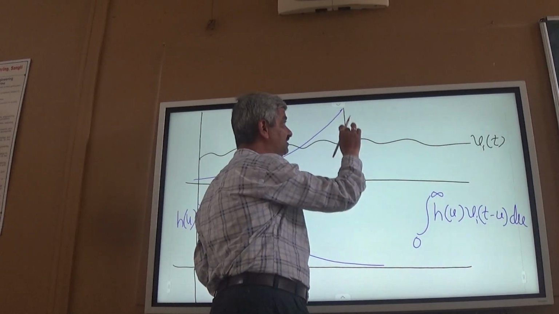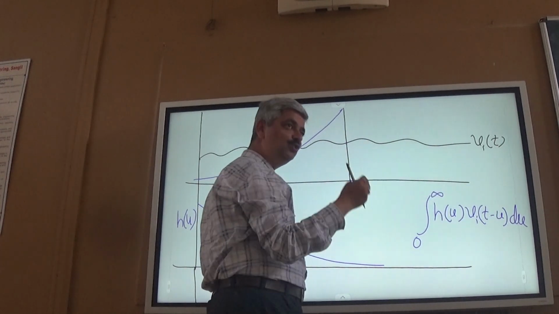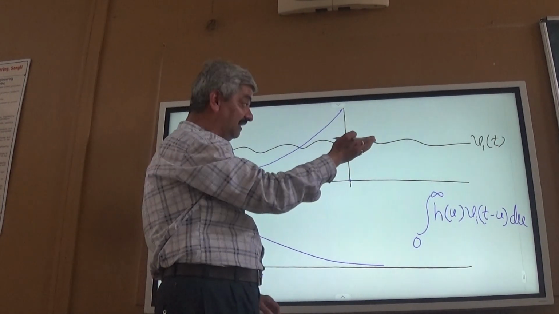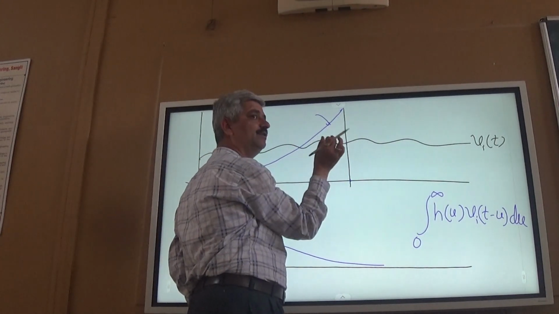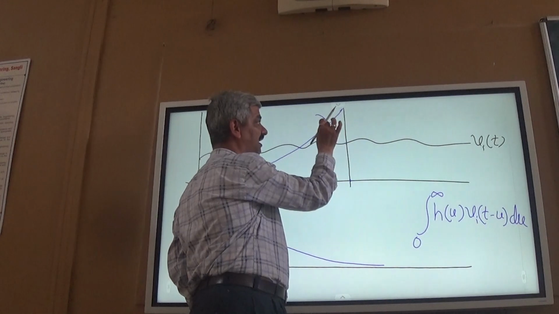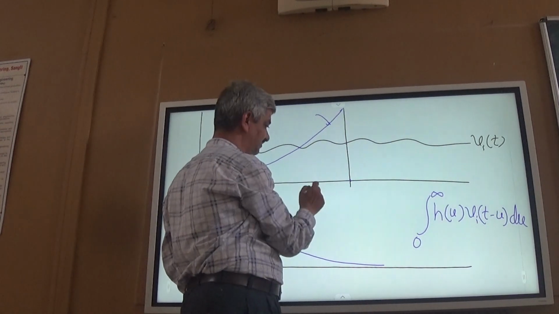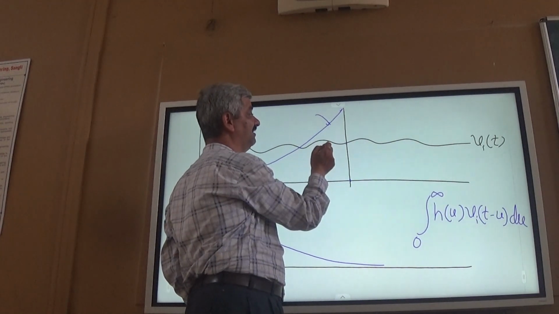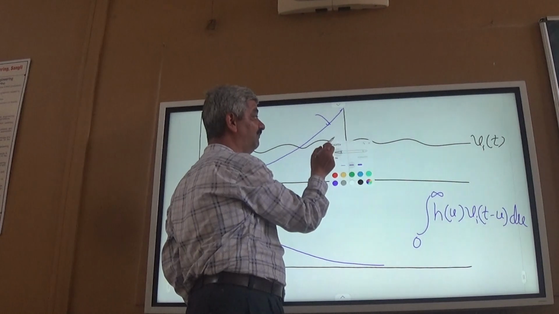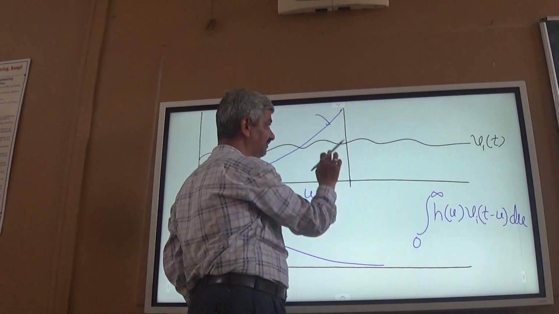This input into this, multiplication, u in du, so u is increasing slowly till infinity. Here u is on this side, h(u), and here v of t minus u.